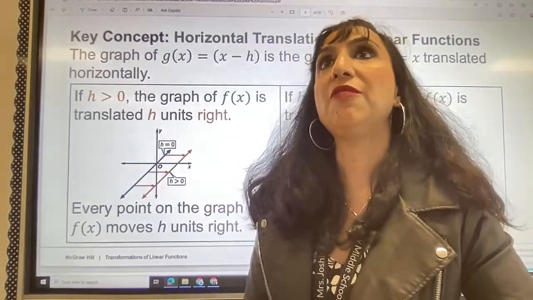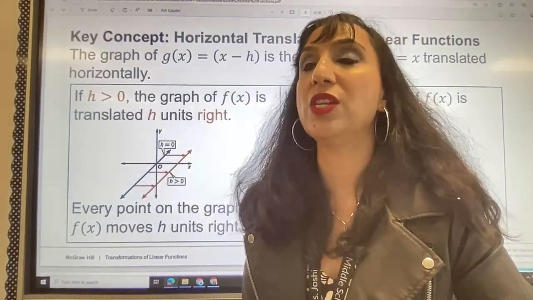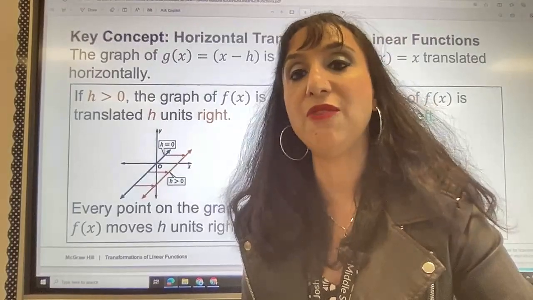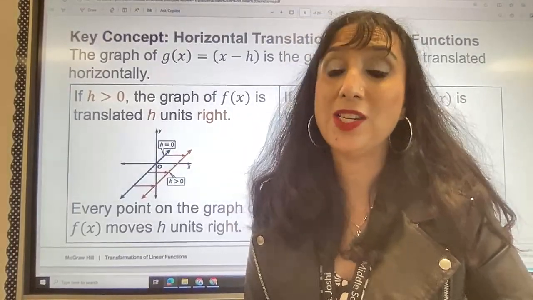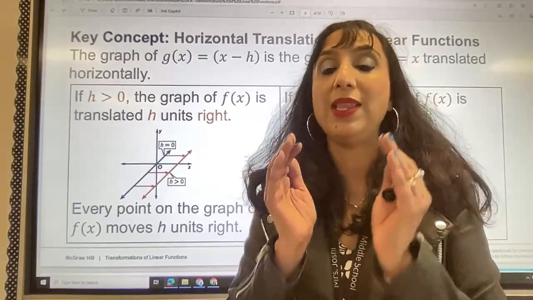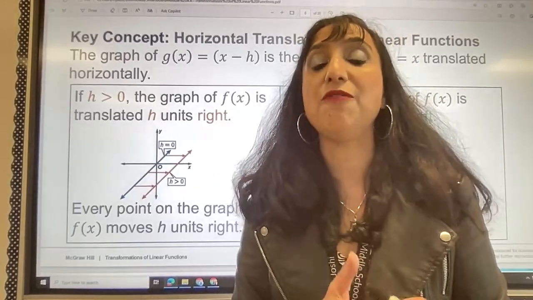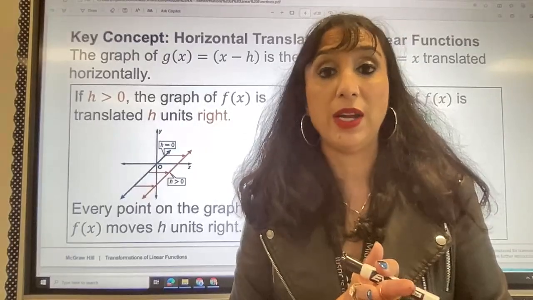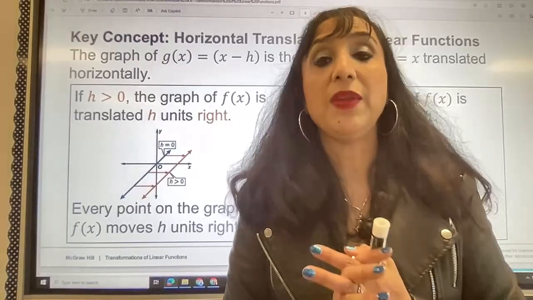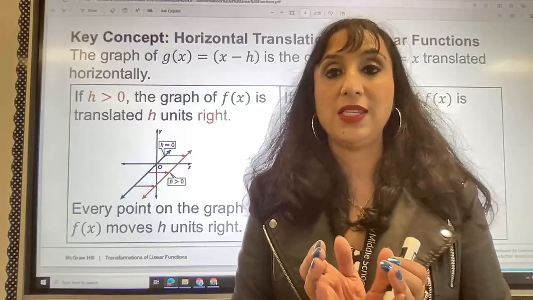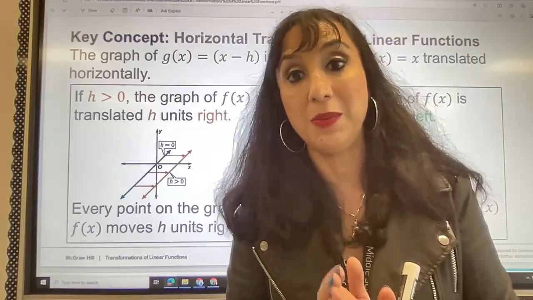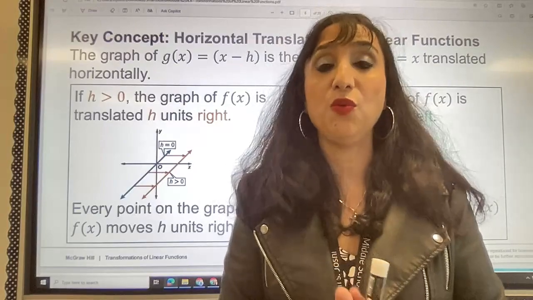So the biggest difference between a vertical and a horizontal translation is that in a vertical one, it's not grouped within the parentheses, but in a horizontal, it is grouped within a parenthesis.